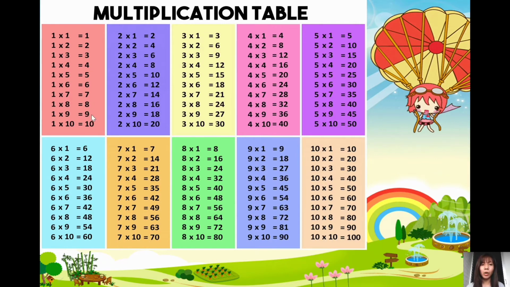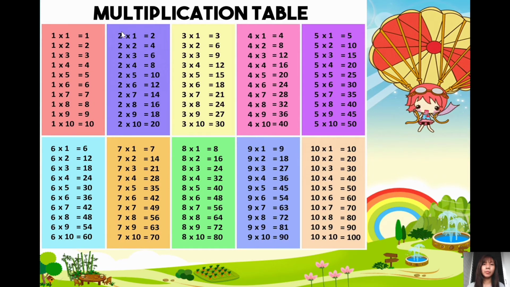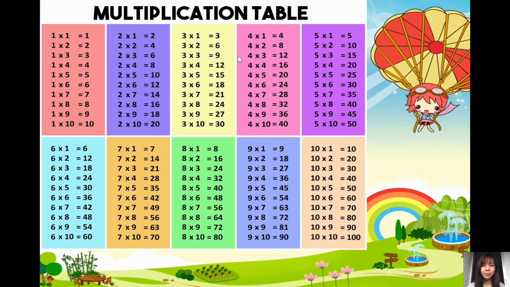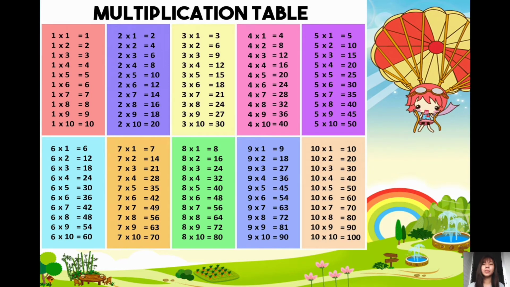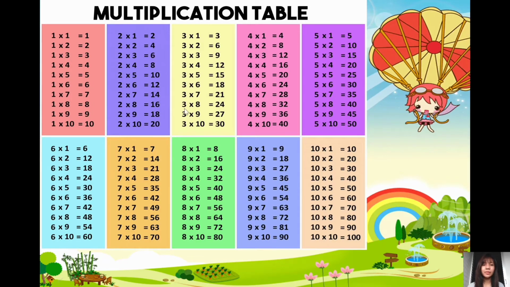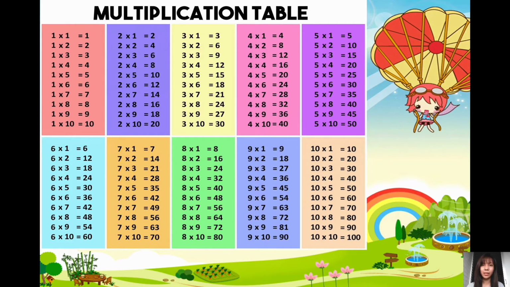You can start from table 1, then table 2, table 3, 4, 5, 6, 7, 8, 9, and then 10. So again, kids, you have to memorize this multiplication table at home, so that it will be easier for you to multiply numbers.